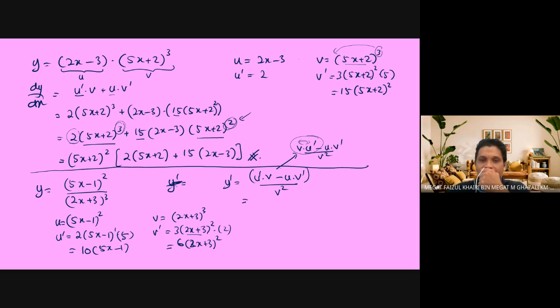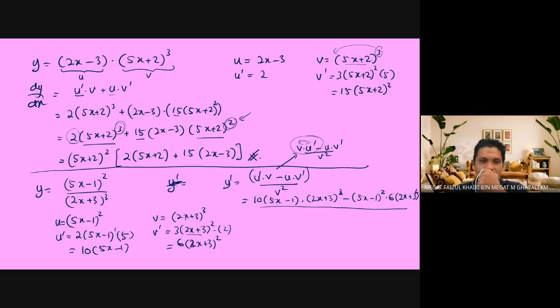So then u prime is 10(5x minus 1), multiplied with v, (2x plus 3) cubed, minus u, (5x minus 1) squared, and v prime, 6(2x plus 3) squared, divided by v squared.